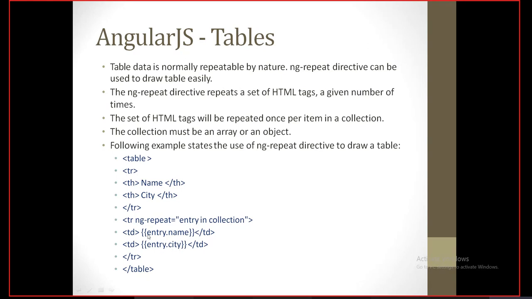We put those names and cities as part of an expression, which will be kept in the td tag. So naturally data will be put in that particular row, and this will keep on repeating for all the objects present in this collection. Understood? So for creating tables, this is a significant directive, ng-repeat.